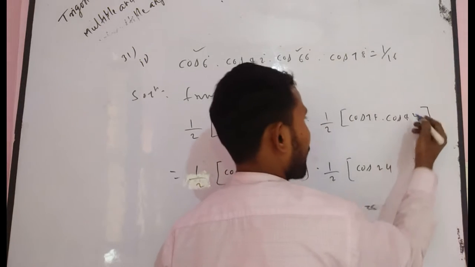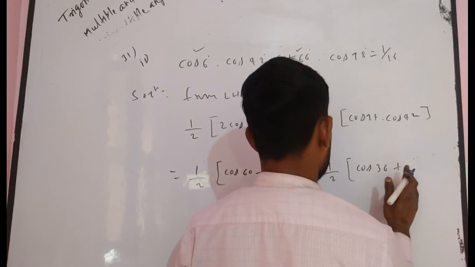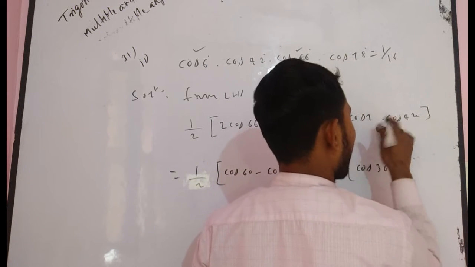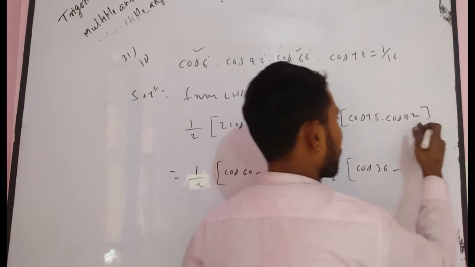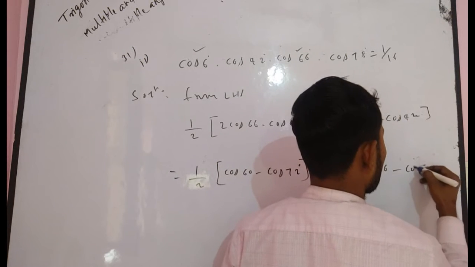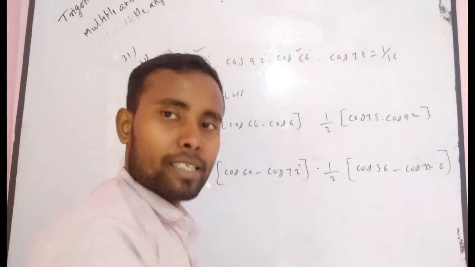In that case, if you apply the formula, what do you get? cos 36 plus cos 120. I think you understand.